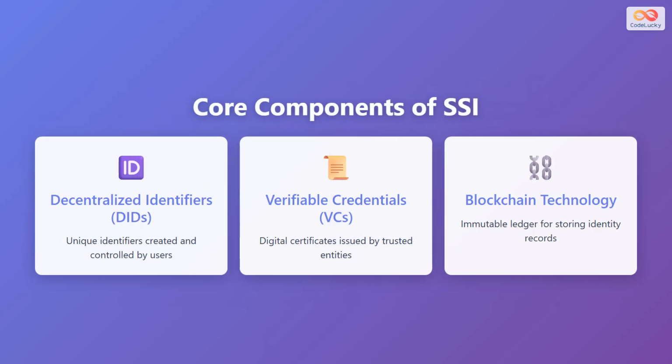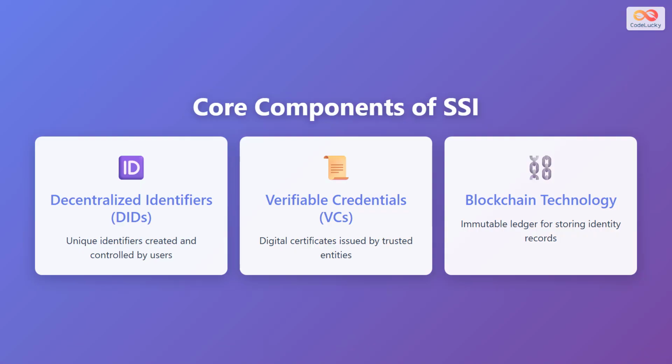Self-sovereign identity is built on three core components that work together seamlessly. First, we have decentralized identifiers, or DIDs. These are unique identifiers that you create and control entirely by yourself, without any central registry. Second are verifiable credentials, abbreviated as VCs.